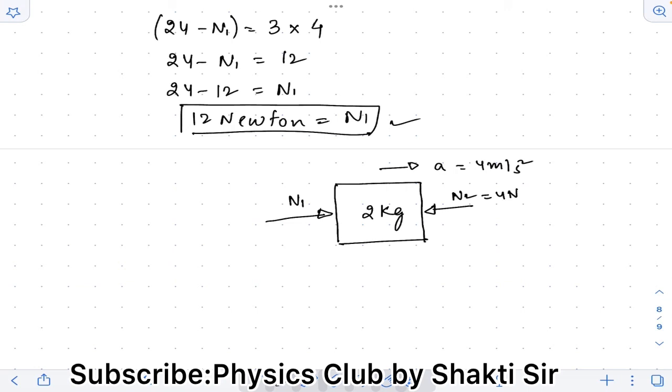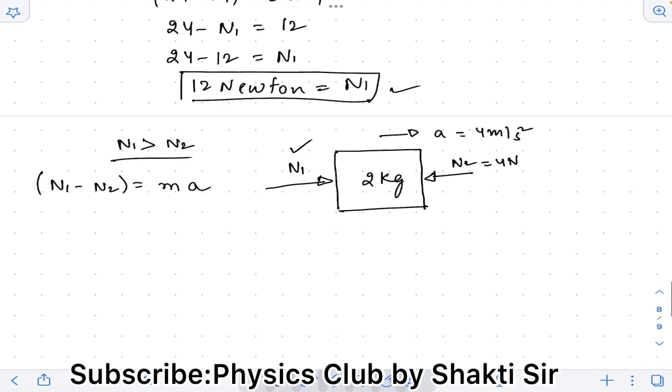Again, as the block is accelerating toward the right, the force acting towards the right is greater than the force acting towards the left. So N1 is greater than N2. The net force is N1 minus N2, and net force equals mass into acceleration.